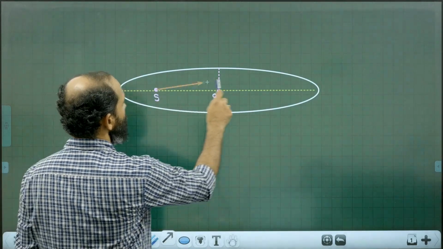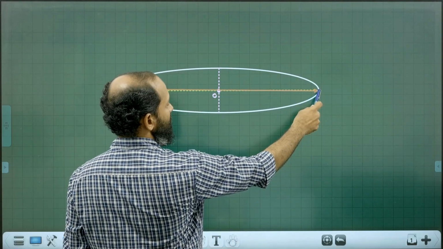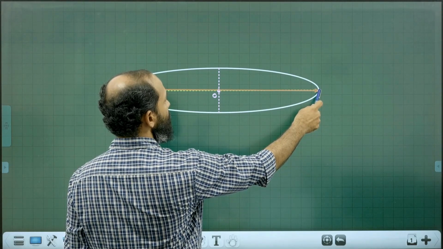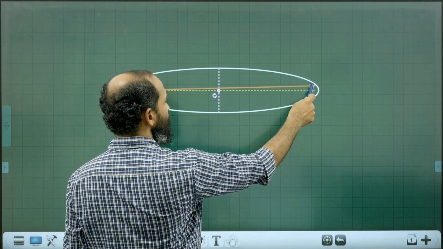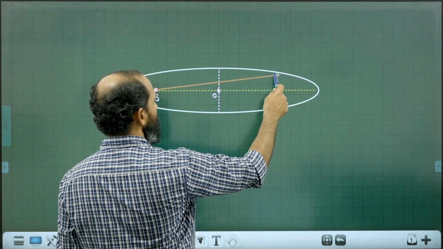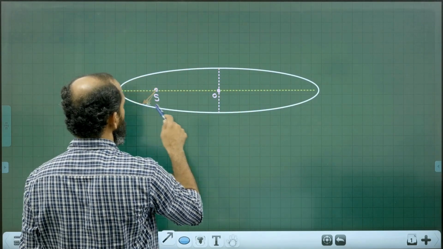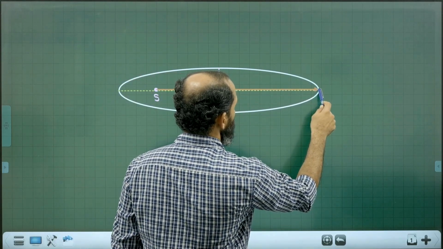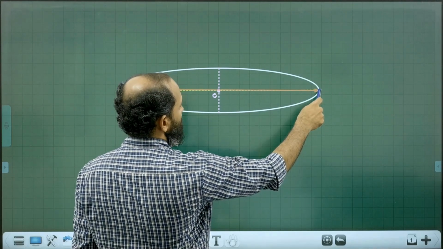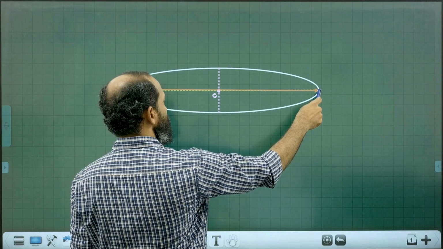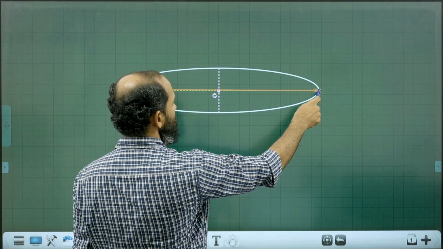The radius vector is drawn from the Sun to the planet. Suppose the planet is at the tip of this arrowhead. That arrow represents the instantaneous position vector of the planet. Now when the planet moves around the Sun in an elliptical orbit, both the length and the direction of the position vector change. As the areal velocity is a constant, when the planet is at farther places, it has to cover the same area in the same interval of time.